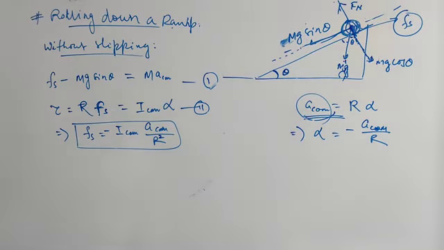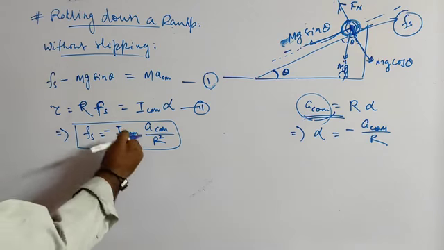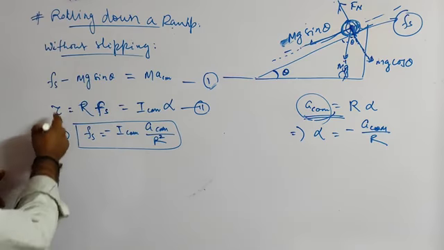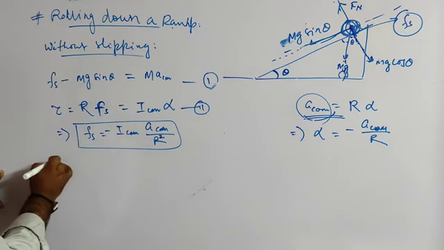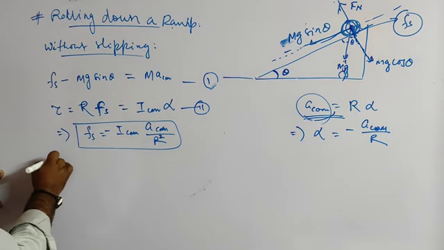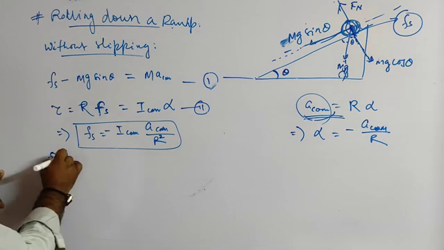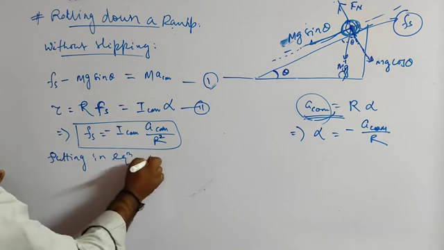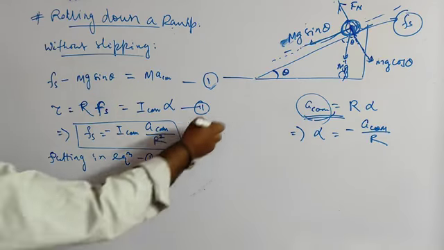Our target is to calculate this one, the acceleration of the center of mass. So we'll just substitute this in equation 1. Once we substitute, putting in equation 1, what you will get?